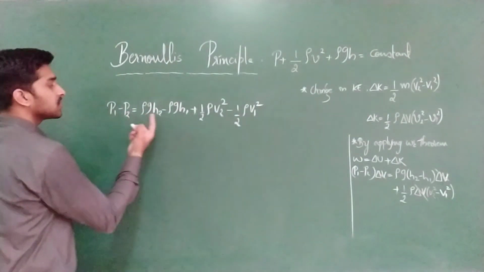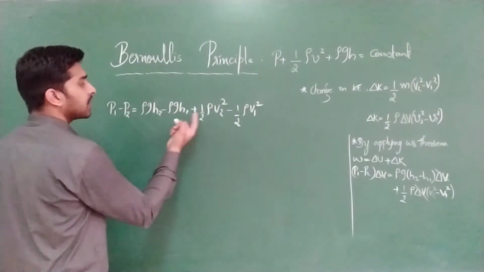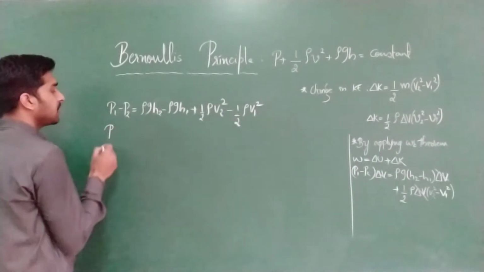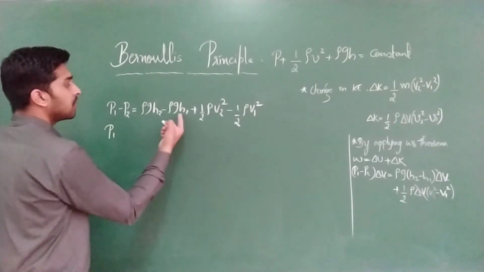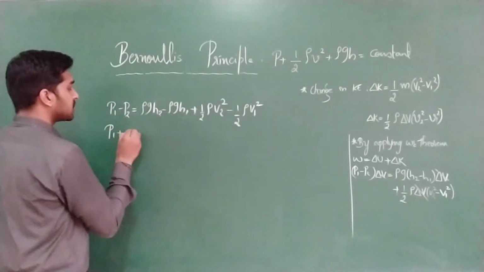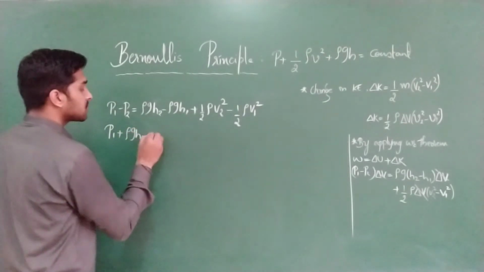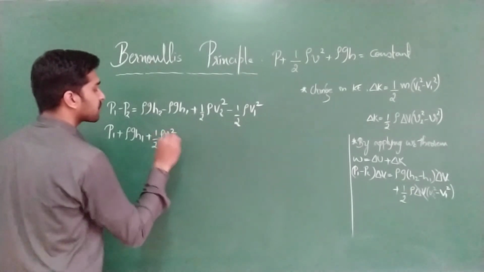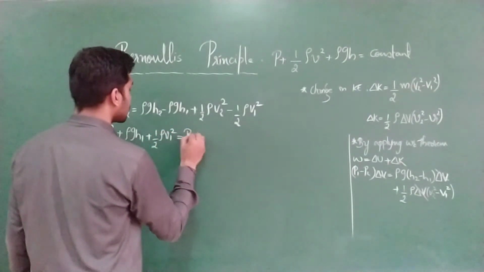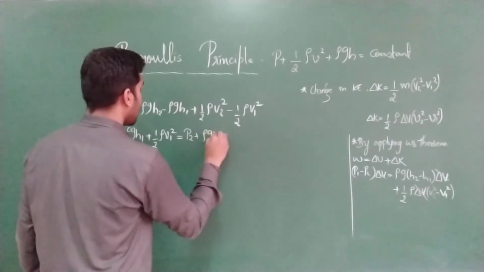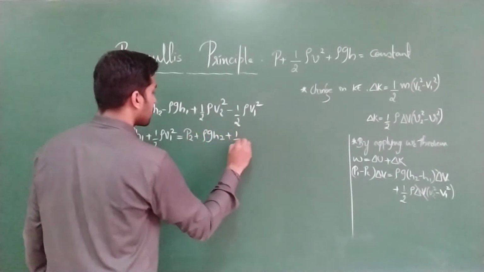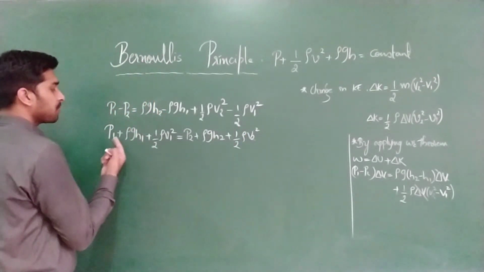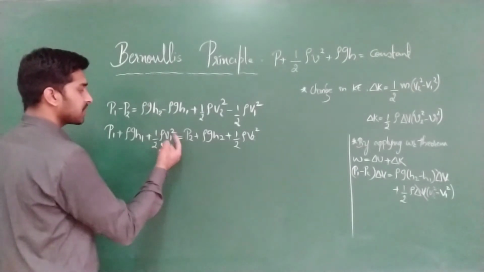Now take all the 1 terms on the left hand side and the 2 terms on the right hand side. So P1 plus rho g H1 plus half rho v1 square is equal to P2 plus rho g H2 plus half rho v2 square.